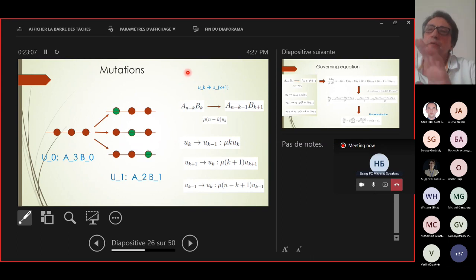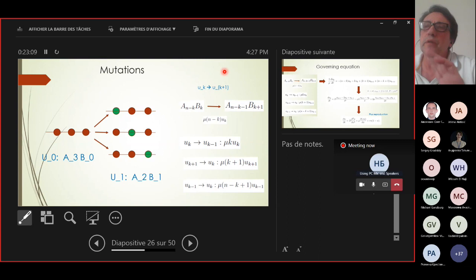So now we introduce the sequences, we introduce mutations, and now we can calculate the probability of these mutations. For example, if we have this u_k and u_(k+1), let us calculate the probability of this transition. So we have the first sequence with A_(n-k) and B_k.